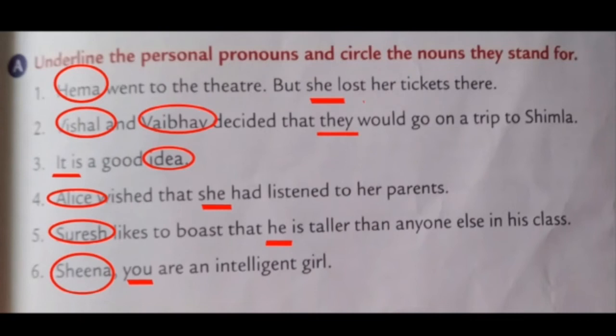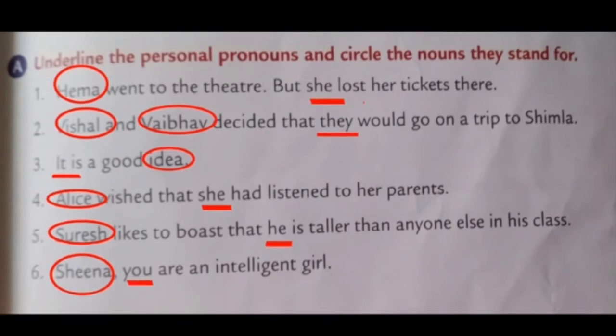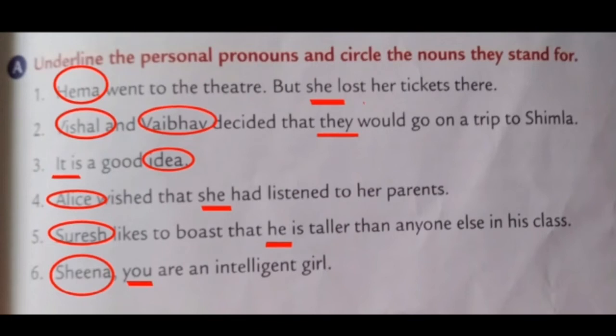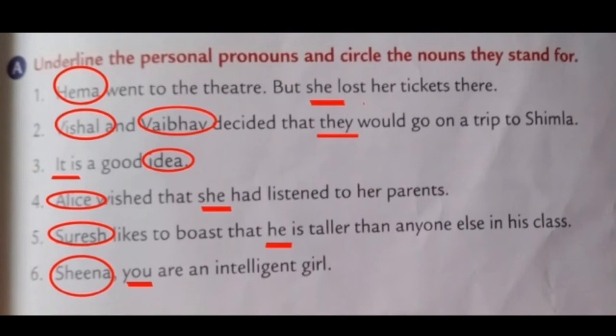Second one, Vishal and Vaibhav decided that they would go on a trip to Shimla. Here, the personal pronoun is they. And the nouns that stand for they are Vishal and Vaibhav.